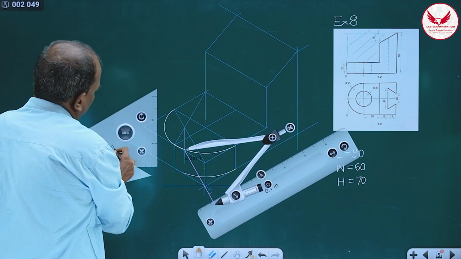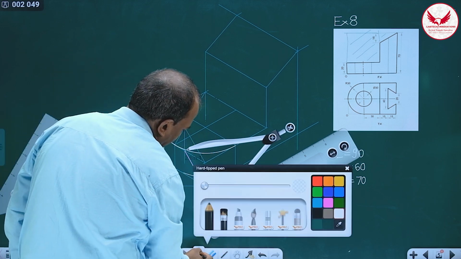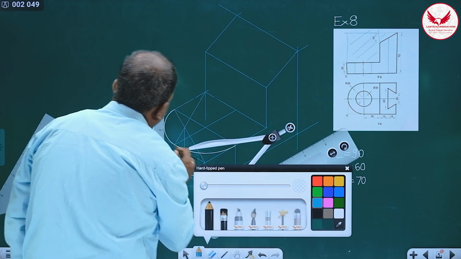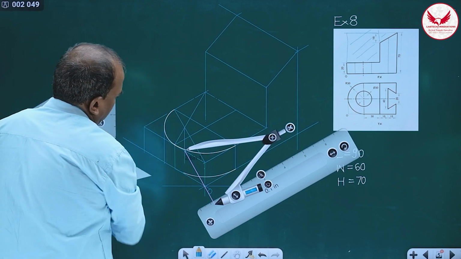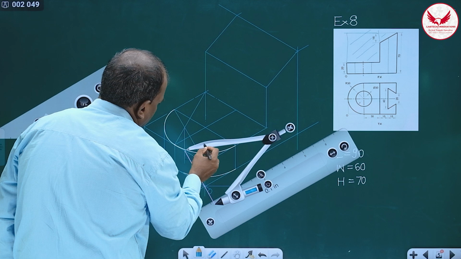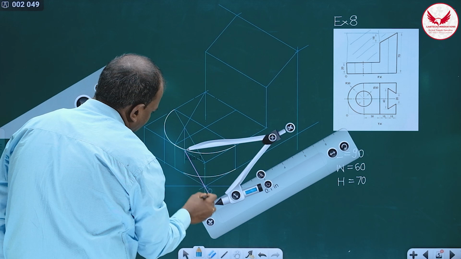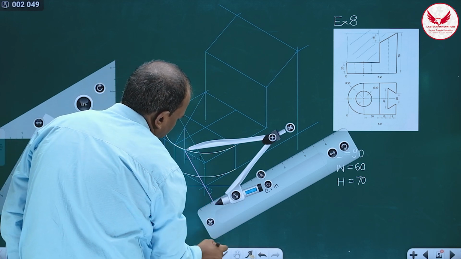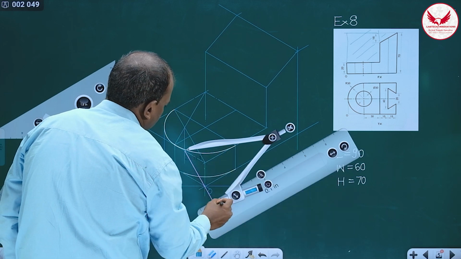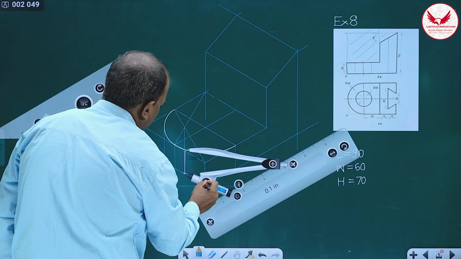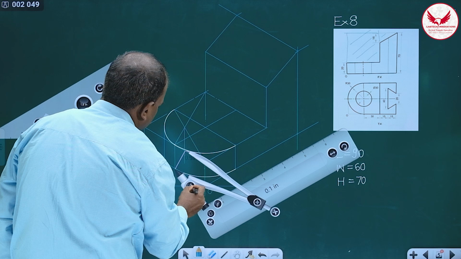Before that, what you can do? From this, you can initially mark a light vertical line, which is going to be tangent to this, and from this shifted center, from this point to this point we have shifted by 20. Reduce this radius, and take the radius up to this.